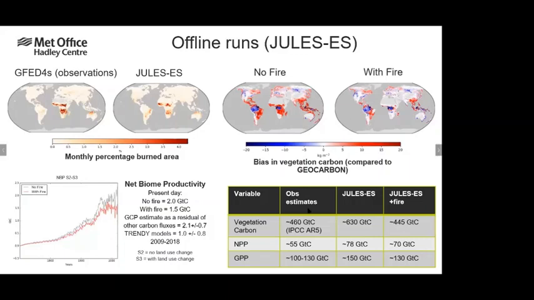We can look at a number of other measures as well for the terrestrial carbon cycle: vegetation carbon, net primary production and gross primary production.